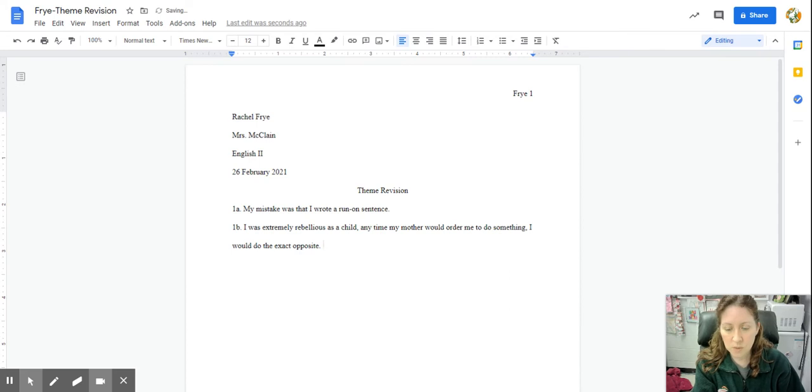Okay, so in this one, the issue comes right here because a comma is not strong enough to separate two independent clauses or two separate ideas that could be their own sentences. A comma is weak. I'm going to put a semicolon because a semicolon is strong, and we're going to talk about it. But a semicolon can divide those two sentences. And now that's perfect, and that one's done.